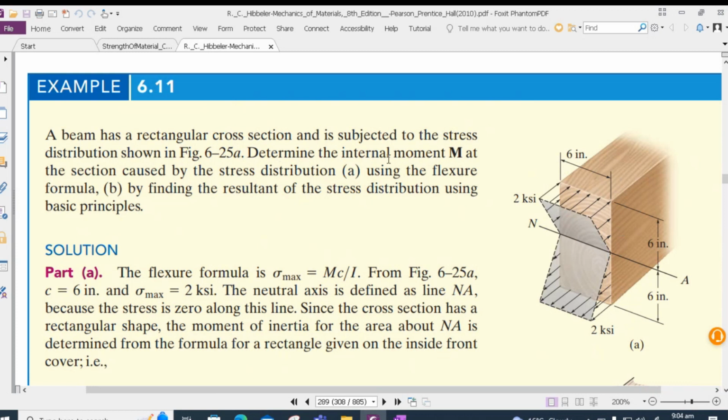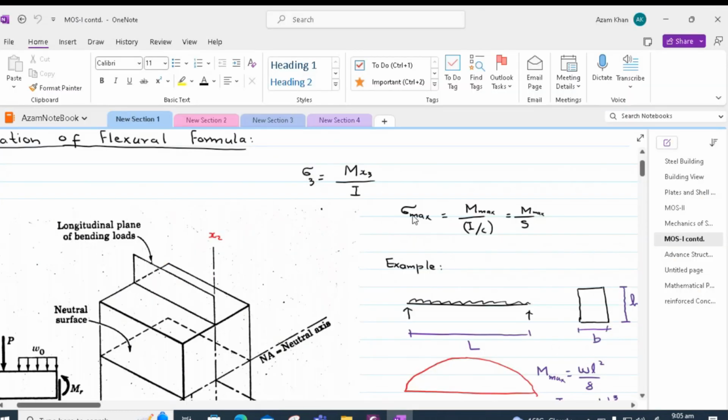We are asked to determine the maximum moment at the section caused by the stress distribution, by using the flexure formula and by using the resultant of the stress distribution using basic principle. So we are asked either to use the flexure formula, which is sigma is equal to M max by S, and work out the maximum moment.